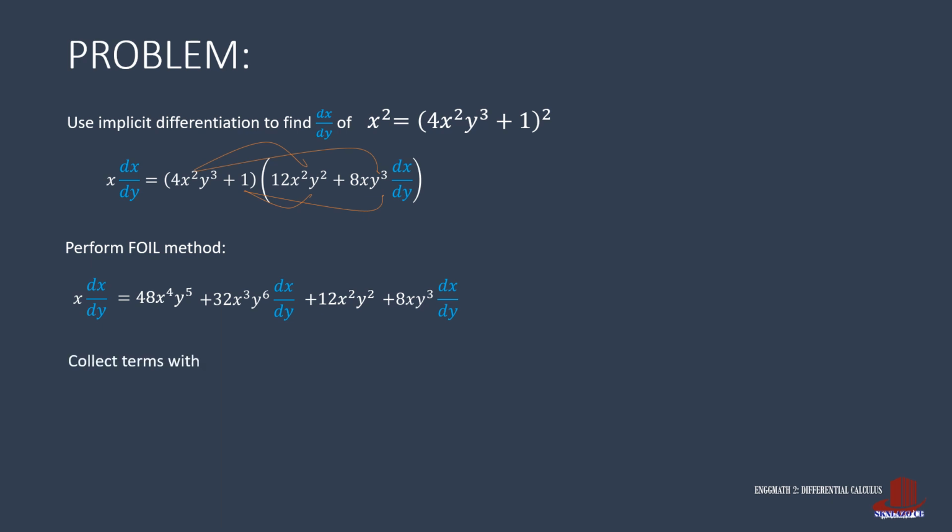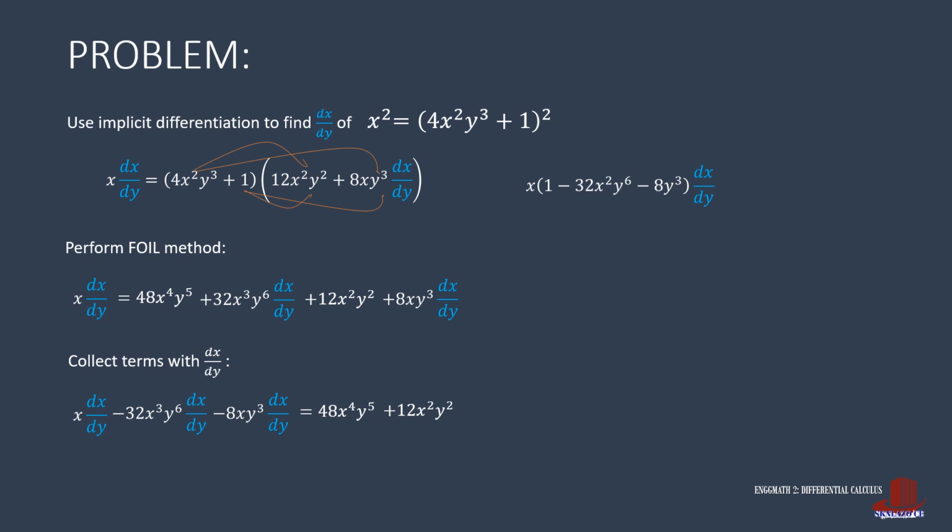Without any restrictions, take all terms with dx over dy to one side, where the terms are x, 32x cubed y raised to 6, and 8xy cubed. And they are equated with 48x raised to 4 y raised to 5 plus 12x squared y squared.